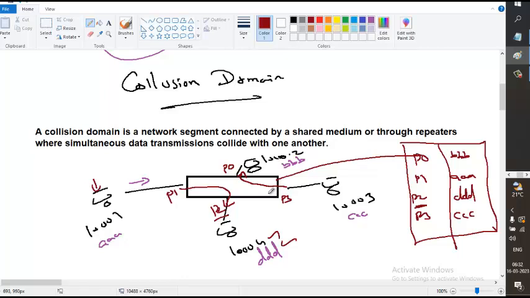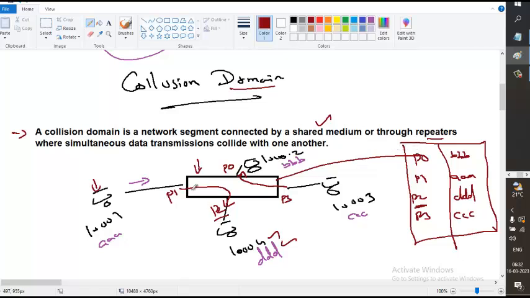Collision control. That is what is called collision domain. Now read the statement, you'll understand. Collision domain is a network segment connected by a shared media. Of course, this is a shared switch for everyone, shared media. But if it is a repeater or hub, there will be a collision, because for the entire box, there is one collision domain, one shared media.